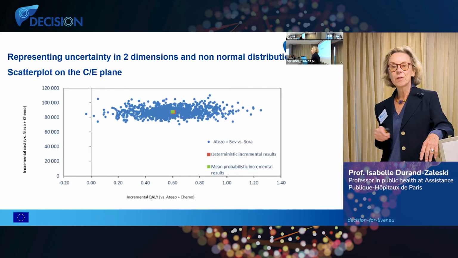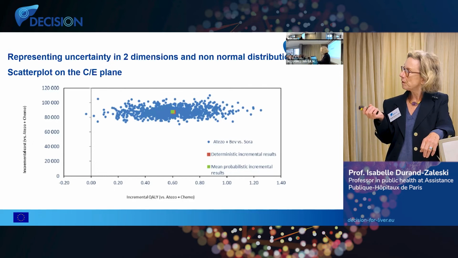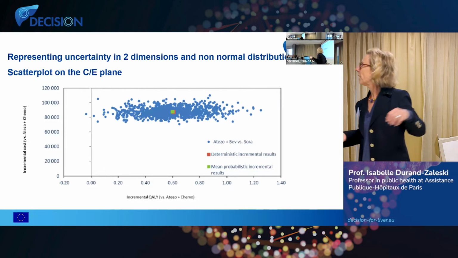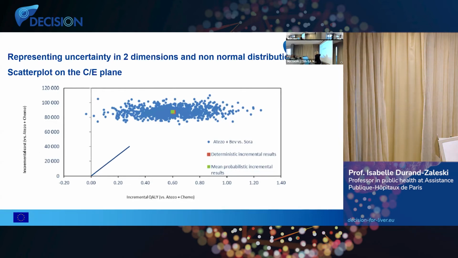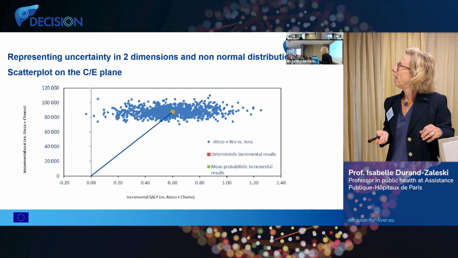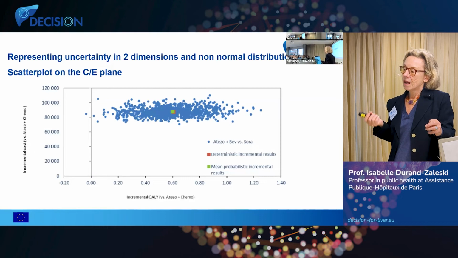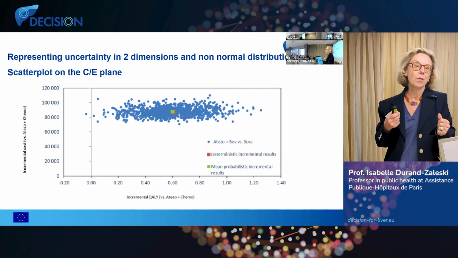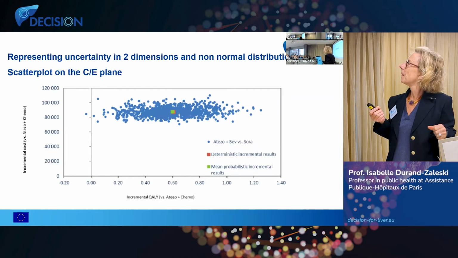So it's plotted on the cost effectiveness plane. The point estimate is the red dot and the green dot. If I were to draw a line between the origin and this, I would have the point estimate of the ICER. And this just shows you the uncertainty on the result. I like these scatterplots very much, because they show you very clearly where the maximum uncertainty is.